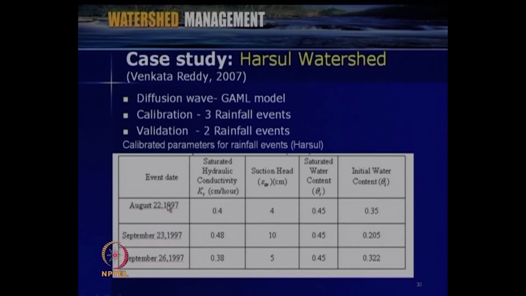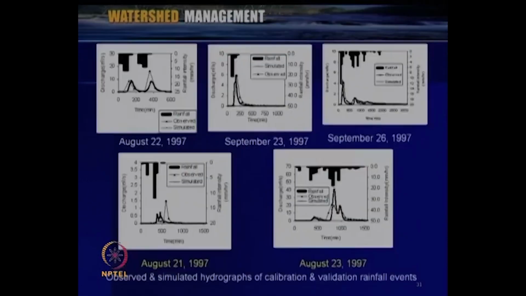So, here the event data are given, and the infiltration parameters like saturated hydraulic conductivity, suction head, saturated water content, initial water content were identified by using standard available values, and then calibrating with respect to the observed results.